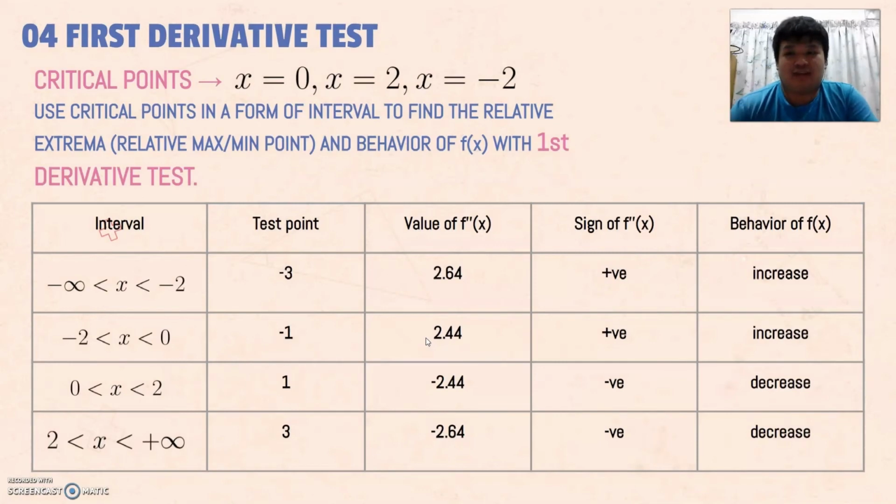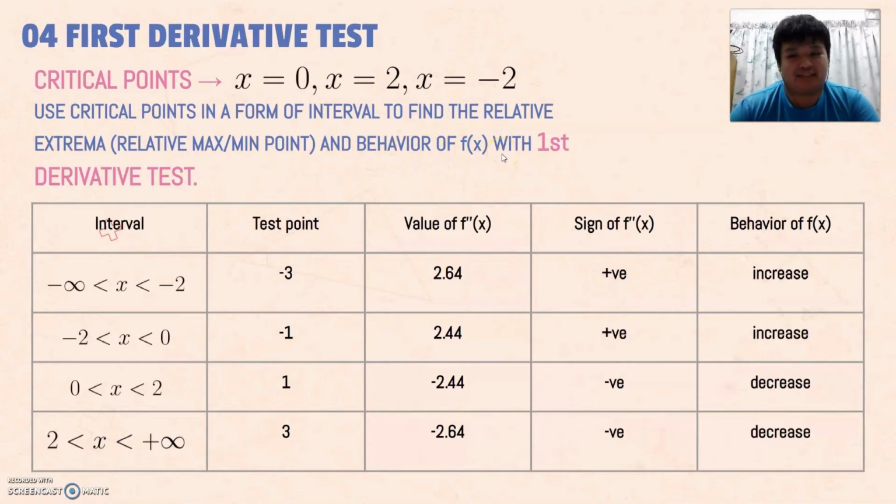After we find the critical points, what we need to do is the first derivative test. The first derivative test uses the critical points in the form of intervals to find the relative extrema, which are the relative maximum or minimum points, and the behavior of f(x).